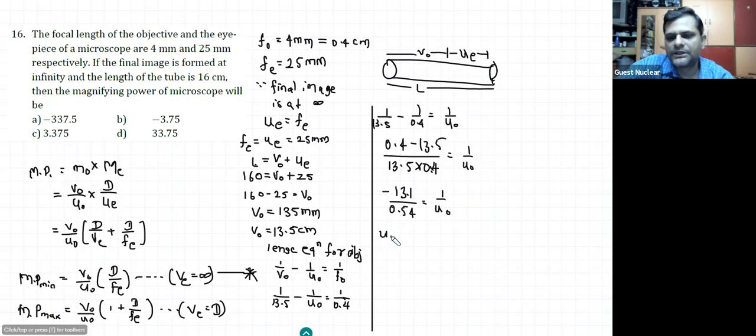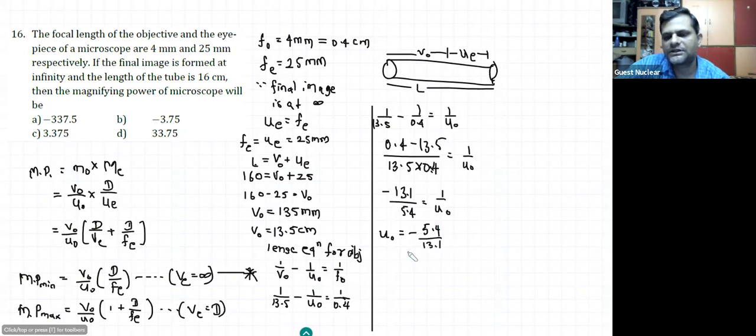So actually UO must be 135 into 4. 5.4 will come here, sorry. Here it will be 5.4 actually. Yes, and this UO then becomes the reciprocal of this. So it will be minus of 5.4 upon 13.1.